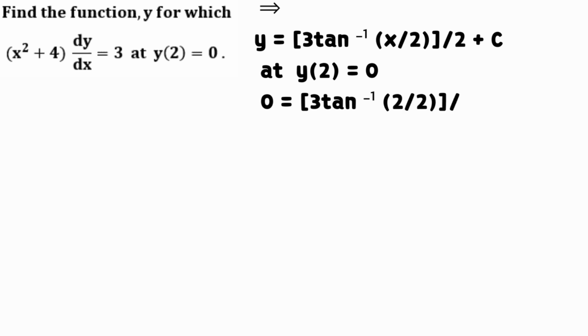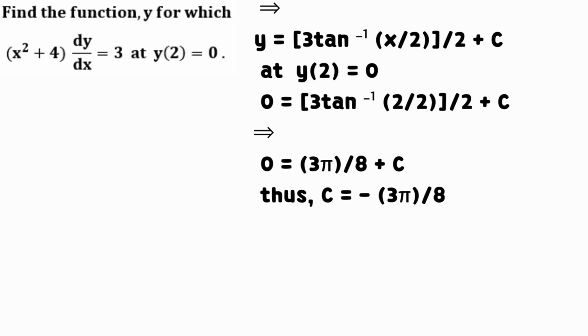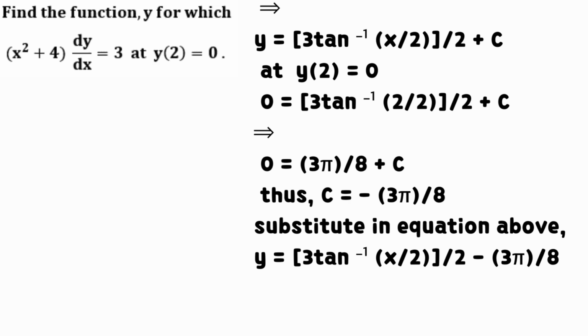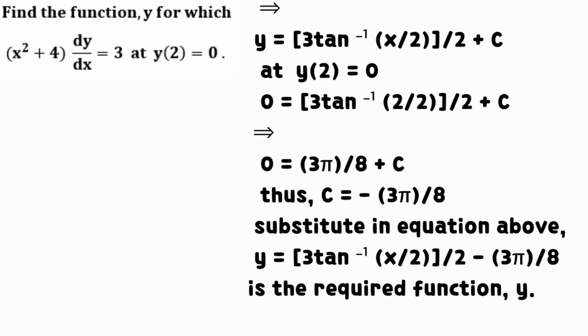Thus, y equals the sum of the product of 3 over 2 and the tan inverse of half of x and c. And at x equals 2, y equals 0. Substitute it in the integrated function and simplify. We have that c equals negative 3 times pi all divided by 8.